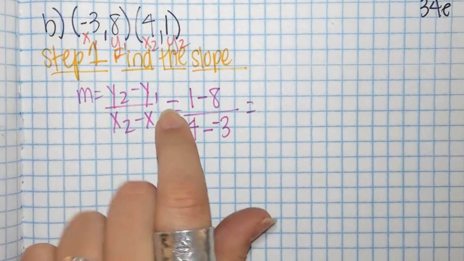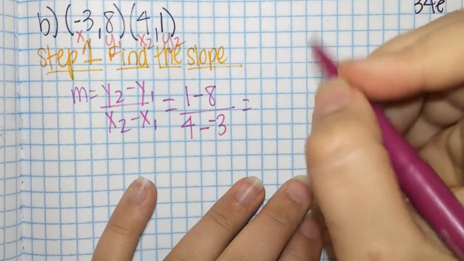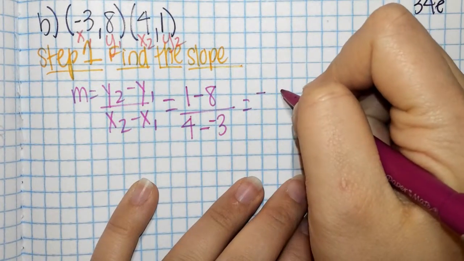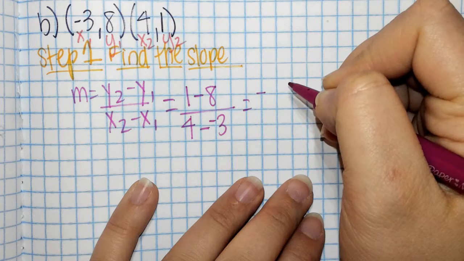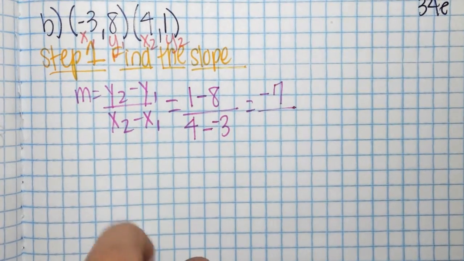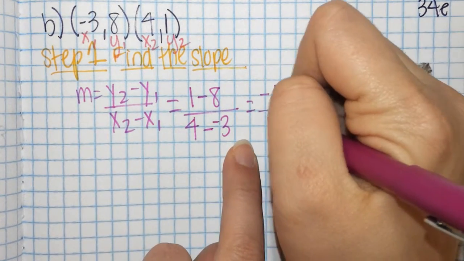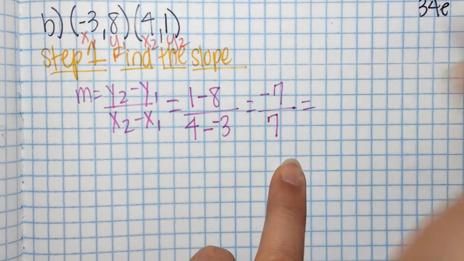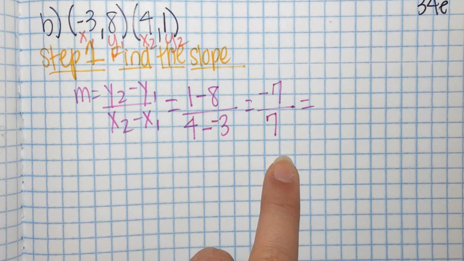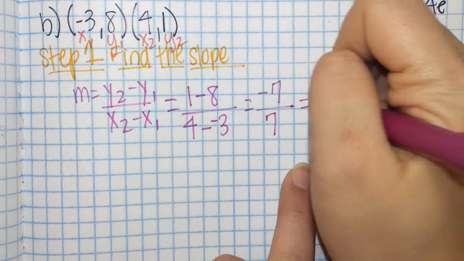Alexa, can you tell me what 1 minus 8 is? Fantastic. Jorge, can you tell me what 4 minus negative 3 is? Fantastic. Shadani, can you tell me what negative 7 divided by 7 is? Fantastic. Take a point.